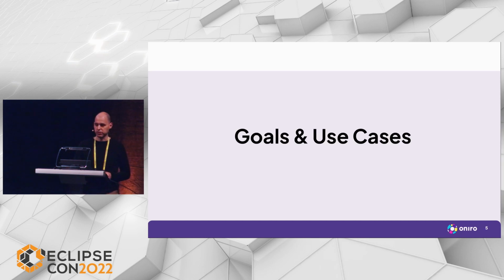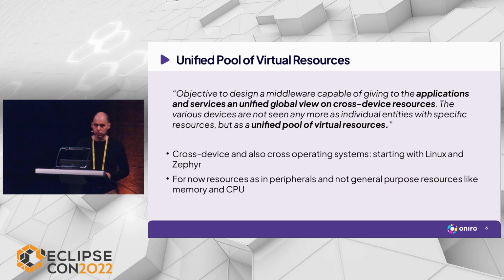So what are the goals and the use cases? Why did we go ahead and start that? It's not really a mission statement, but when we sat down and wondered what we want to solve with Oniro, one of the key points was that we have all these very different devices, and we need to find a way to actually make use of these resources. And that works well for small use cases. So you have an app on your phone that works with a specific IoT device in your home.